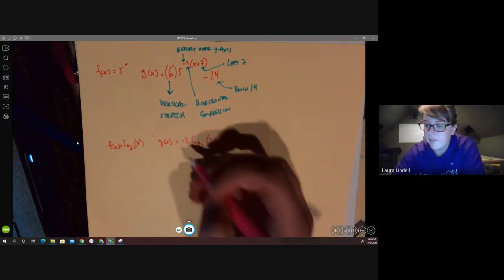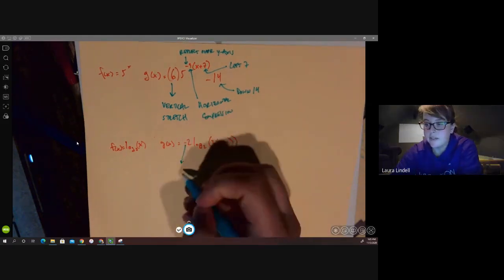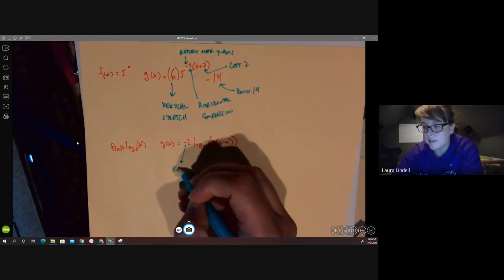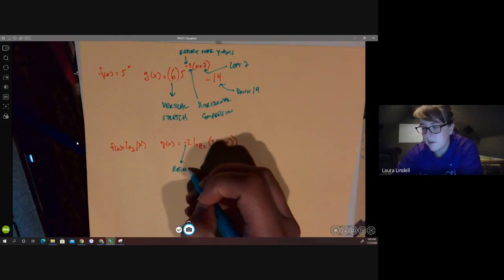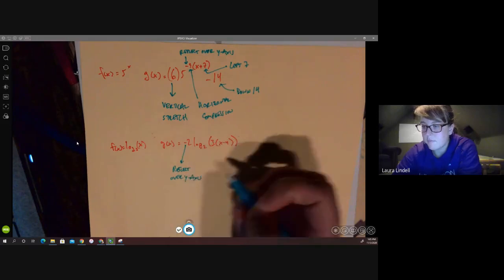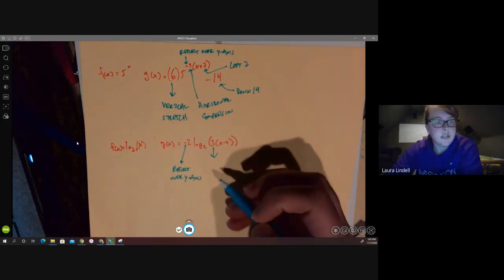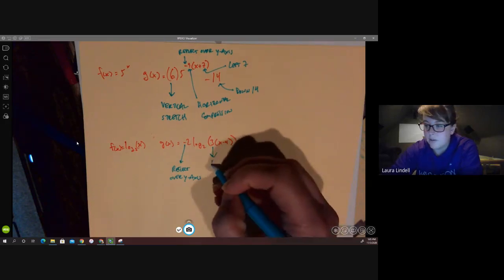We've got the negative on the outside telling us that we're reflecting over the y-axis. Then we have the 3 inside, which is telling us that we've got some horizontal compression.